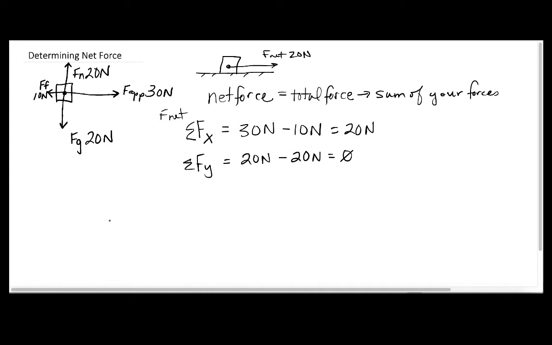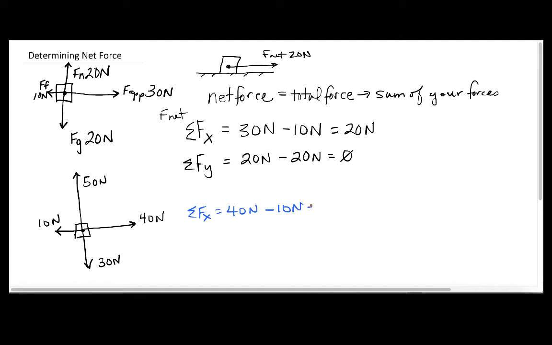Now, how would this be different if instead of having balanced forces in the Y direction, we had unbalanced forces? Let's say we have an object that has this going on. So 50 newtons in this direction, 30 in that, 40 newtons and 10 newtons. Well, if we sum our forces again in the X direction, we have 40 newtons to the right and then 10 newtons in the other direction, so we'll subtract that, which leaves us with a 30 newton force to the right.